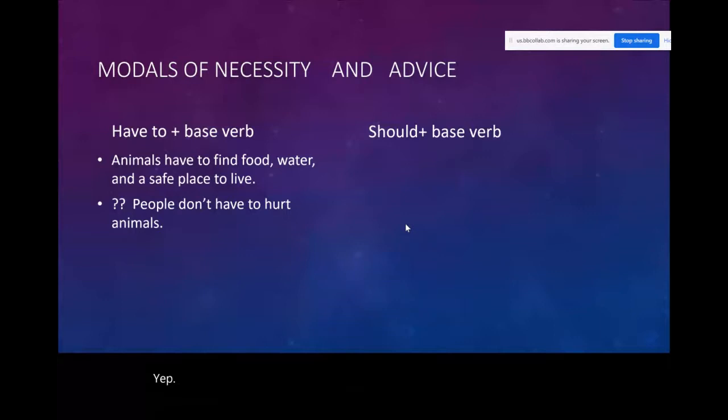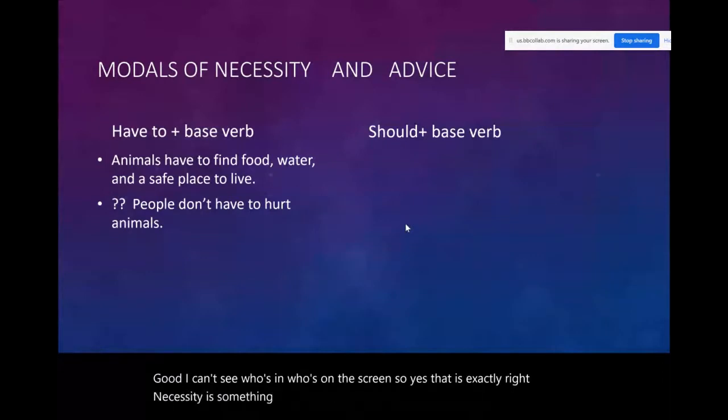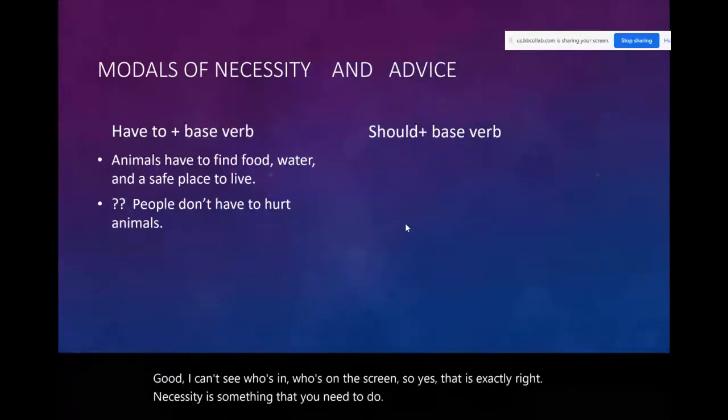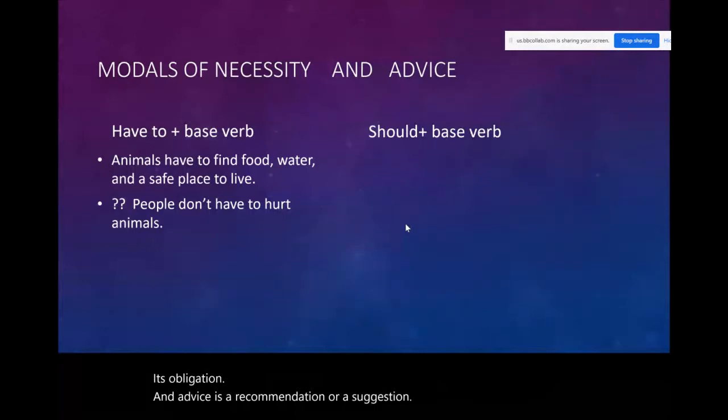Very good. Is that you, Carolina? Yes, teacher. Okay, good. I can't see who's on the screen. So, yes, that is exactly right. Necessity is something that you need to do. It's an obligation. And advice is a recommendation or a suggestion about something to do.